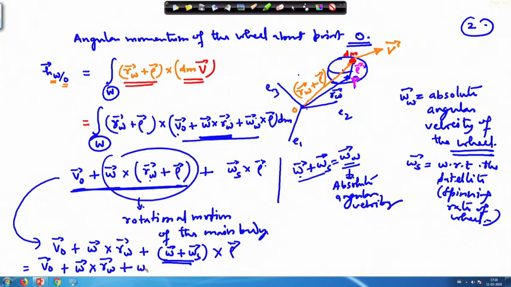Therefore, this becomes w w cross rho. This is what we have written. So, this is the distance to this point and then the corresponding velocity in the inertial frame.